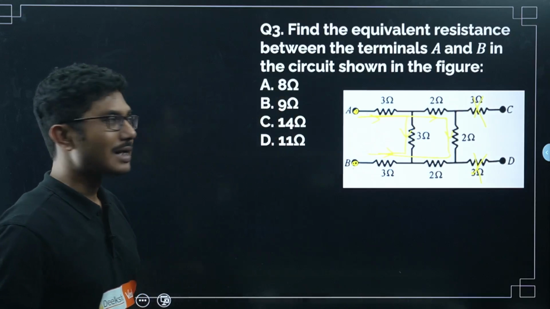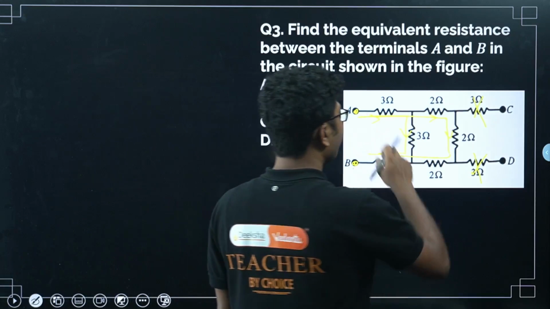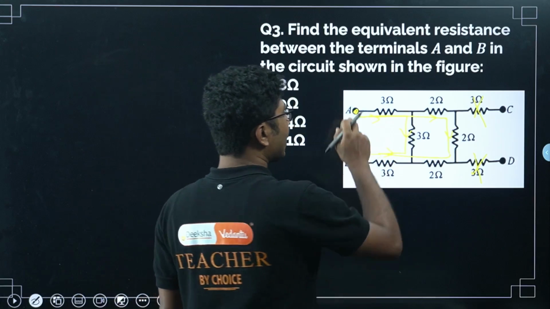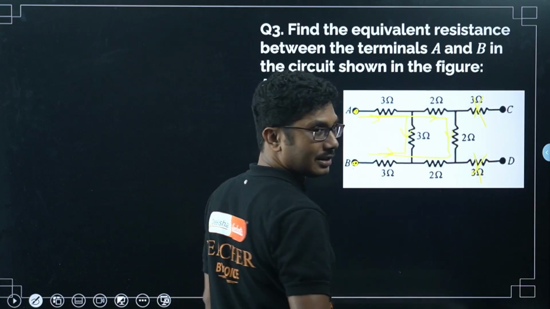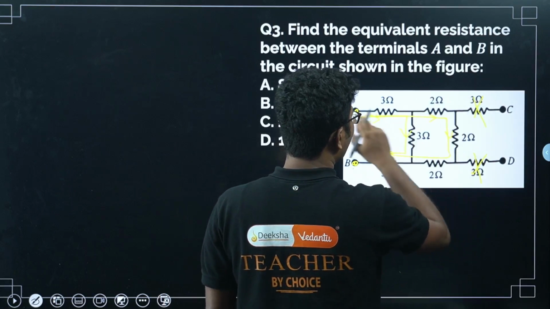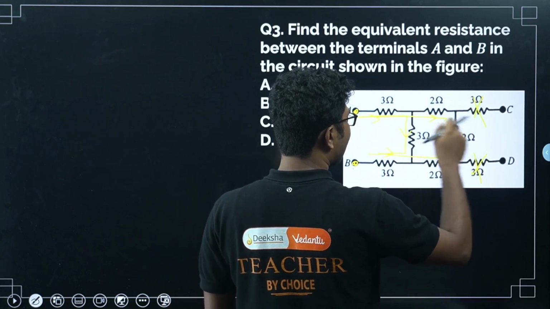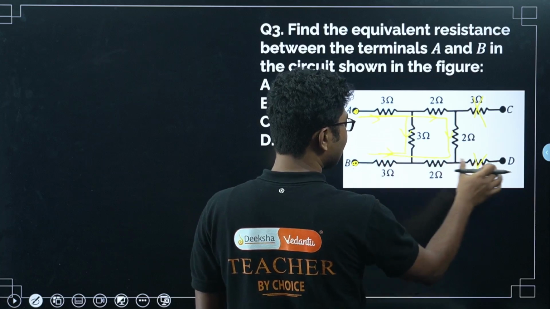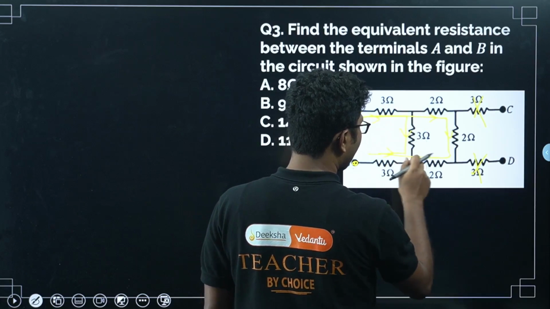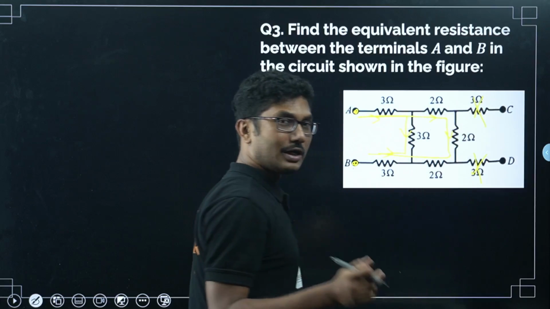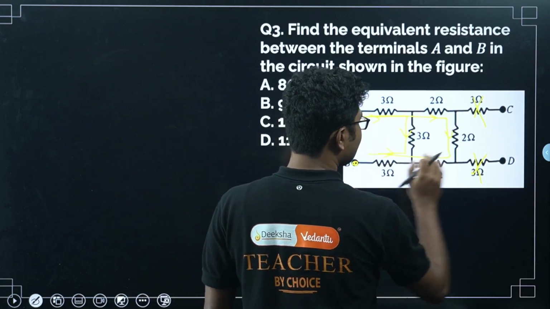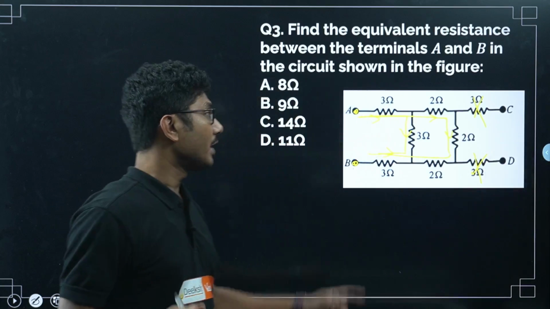No current is passing through these two resistors, because we are calculating the equivalent resistance between A and B. If it was A and C only, no current could possibly have passed between this B section and D section. Current can directly go in this direction, so only this part we need to cover, and you can ignore these resistances if we are considering A and C.